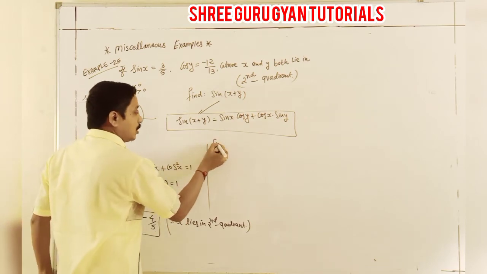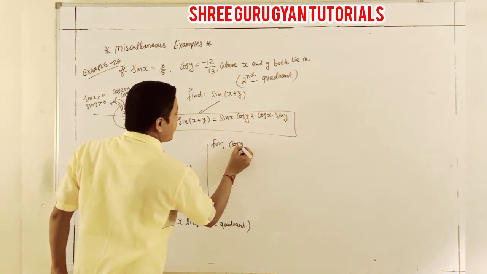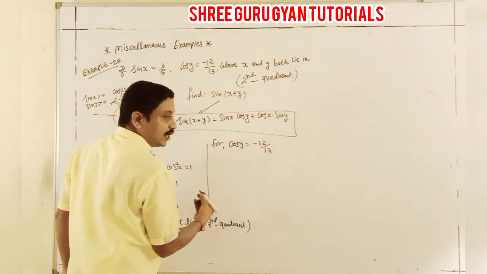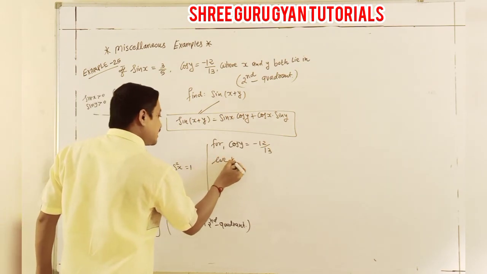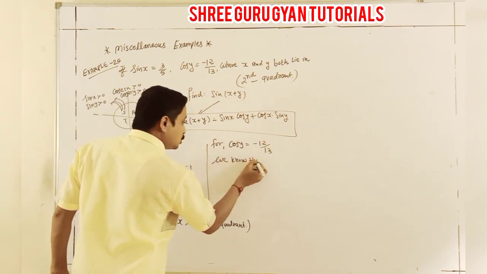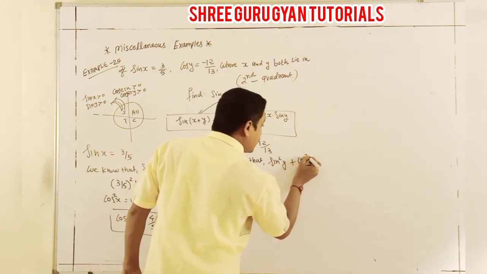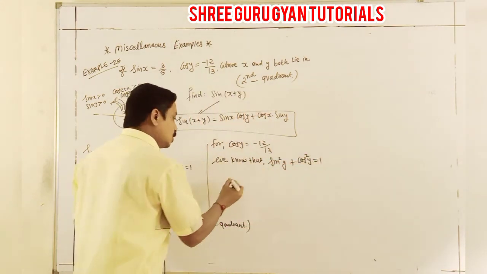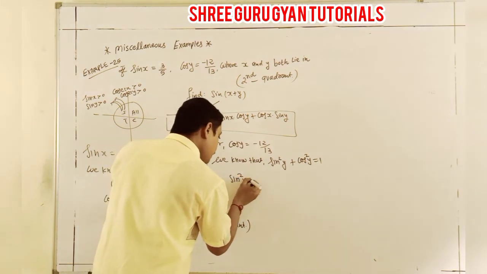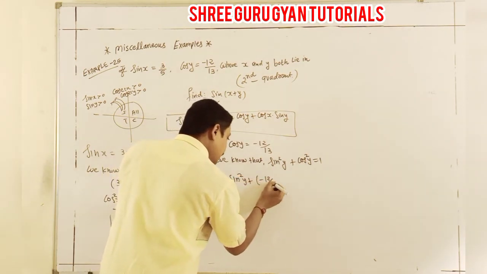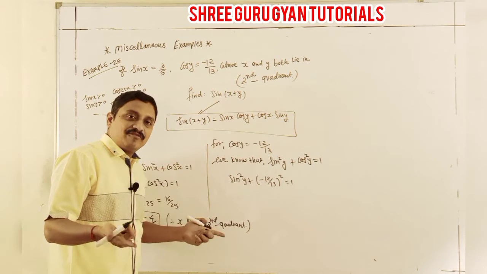Similarly, I utilize cos y and derive sin y. So for cos y equal to minus 12 by 13, what do we know? Sin square y plus cos square y is equal to 1. So sin square y, same, here minus 12 by 13, and that's fine.